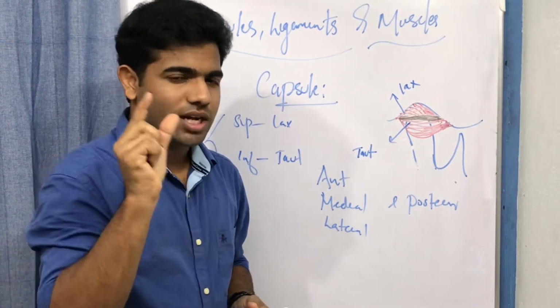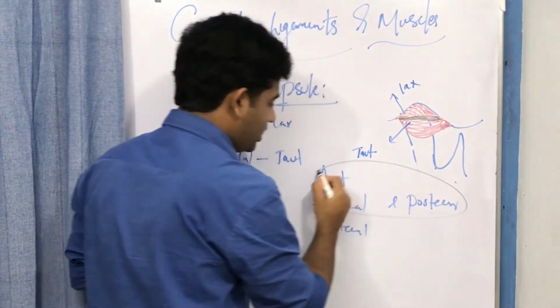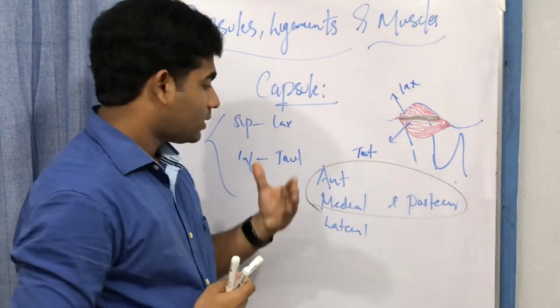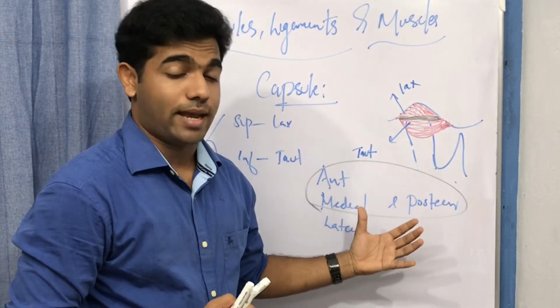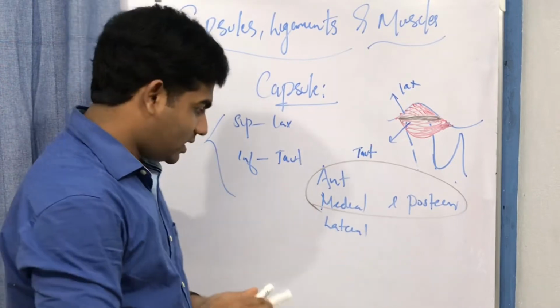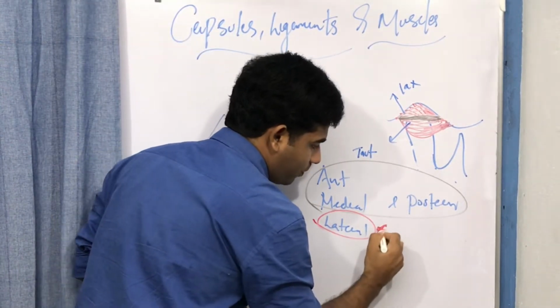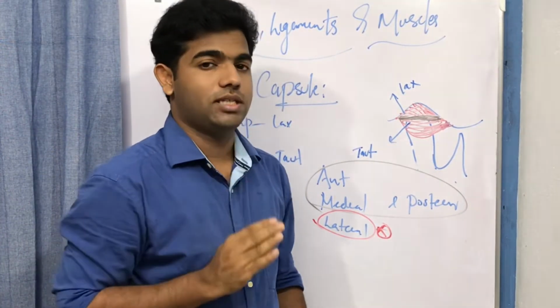Why is it important? I'll tell you. The anterior, middle and posterior portions of the capsule are the weak, loose ones, whereas the lateral portion is very strong and very important in preventing lateral displacements and so on.